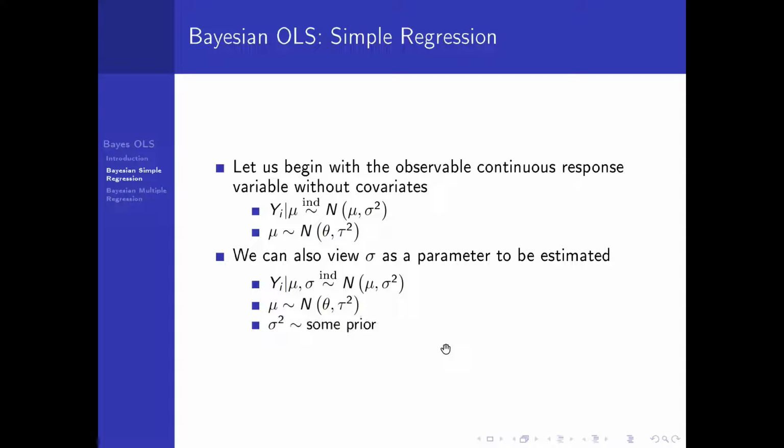What about sigma square? Well, I just vaguely say it follows some prior probability density function, but we have to guarantee that this random variable only takes on positive values, because sigma square has to be a positive number. So we have a couple of options. For example, the exponential distribution, which we will use in the simple regression case.